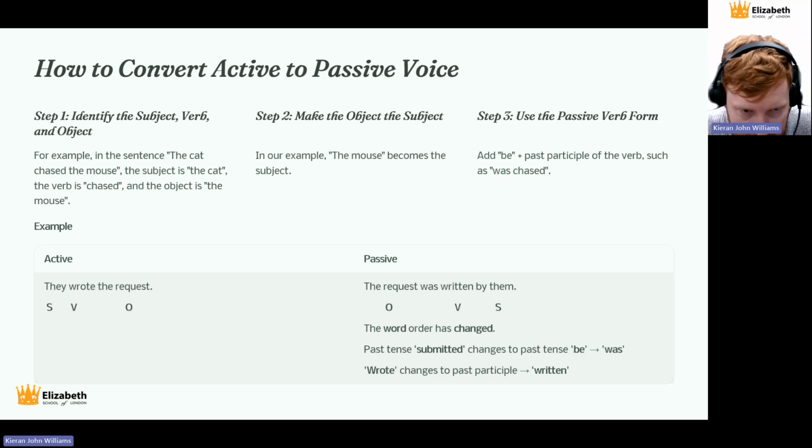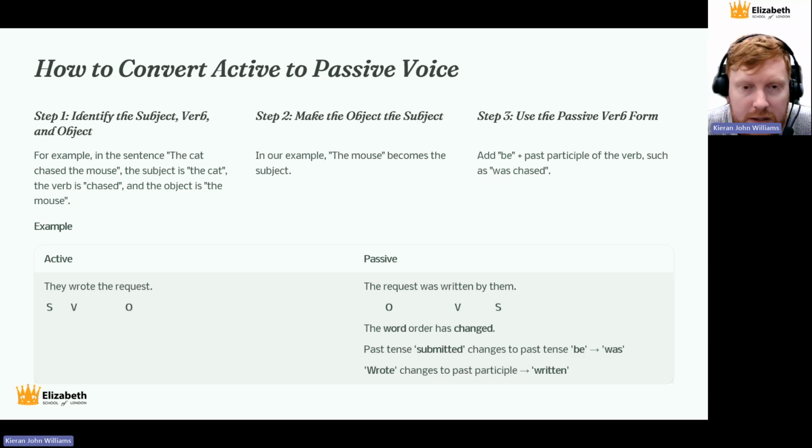Okay, so let's take an example of this. So they wrote the request. That is subject, verb, object. So if we convert it into the passive, we've changed the word order: object, verb, and subject. Okay, so the word order has changed. Then in the original sentence, it was wrote. So wrote is in the past simple.